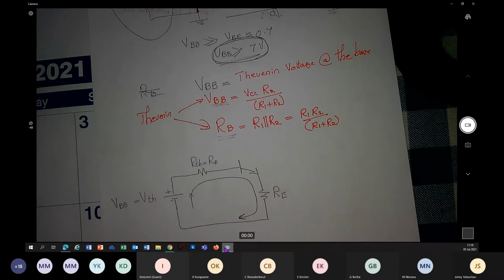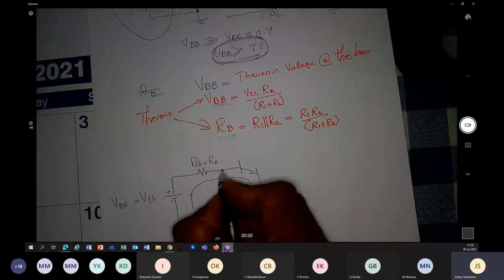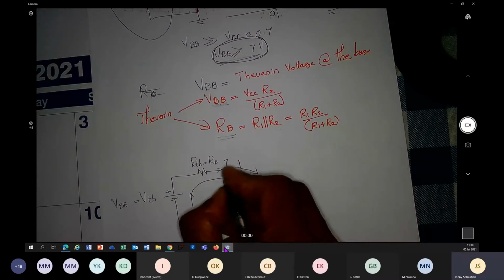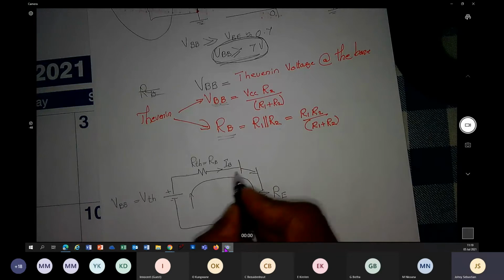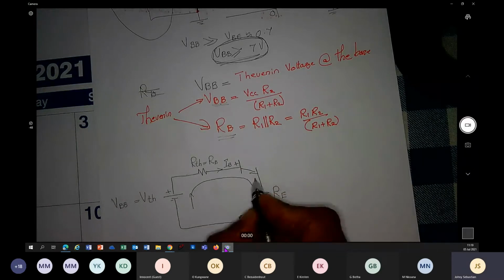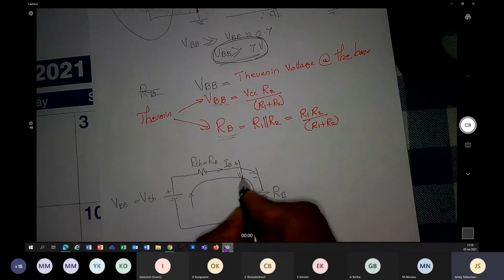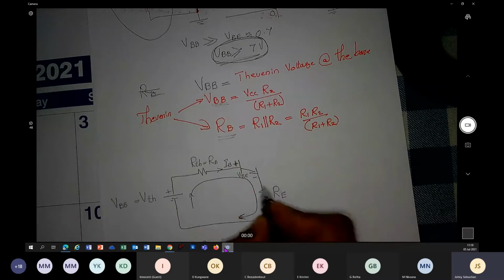We write VBB. We are going in the direction of current, so there is a minus sign. What is the current through that resistance? That is the same as base current IB. VBB minus IB times RB. Now, this is an NPN transistor. We have a VBE between base and emitter, with that side more positive than this side.